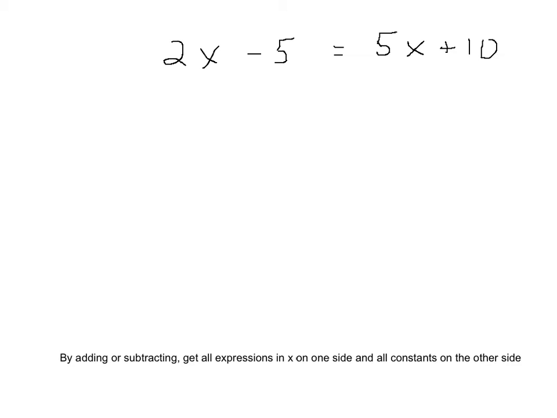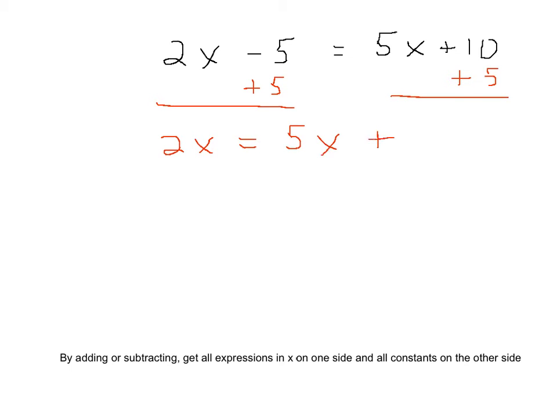So to solve this problem, I'll begin by adding 5 to each side. And notice that that gives me 2x is equal to 5x plus 15. And now I want to subtract 5x from each side. That probably wasn't my best choice.